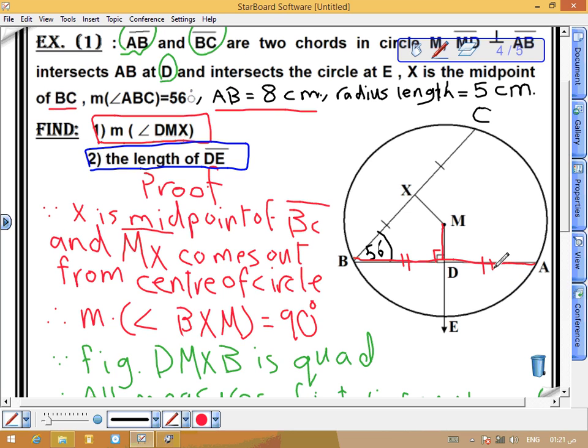So the length of AD equals 4 centimeters, and BD also equals 4 centimeters.